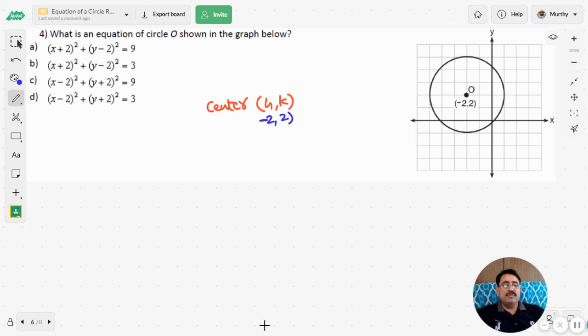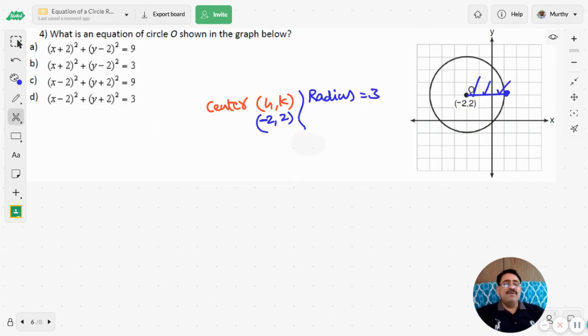Negative 2 comma 2. Next, radius. We all know that radius means the line joining the center to a point on the boundary line, right? Therefore, you may start counting the number of blocks. 1, 2, 3. Pretty simple, right?